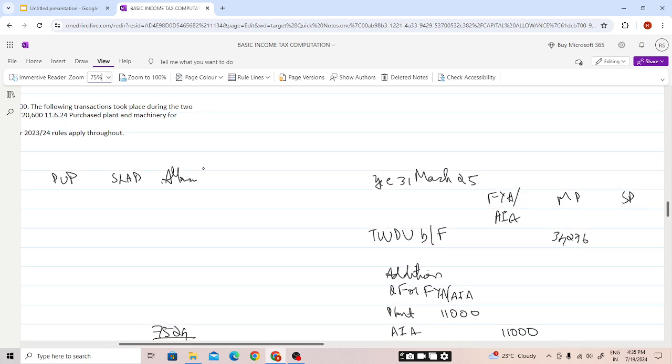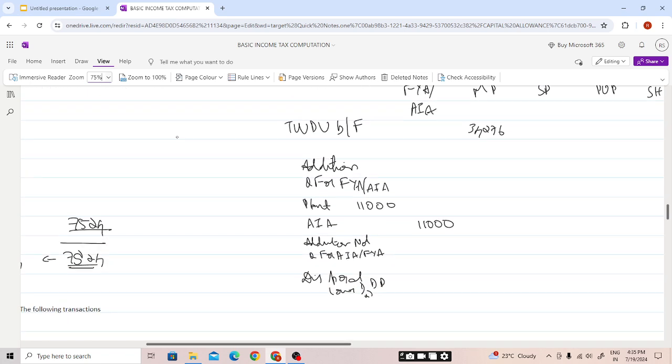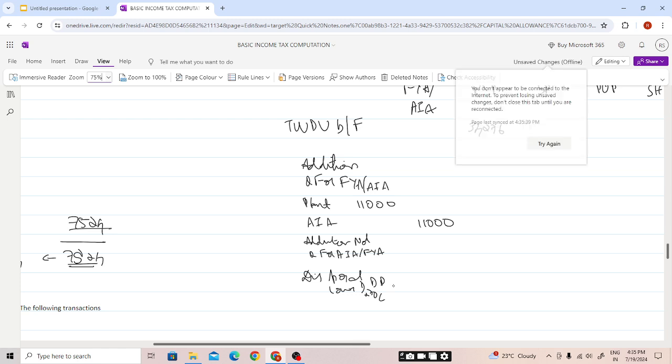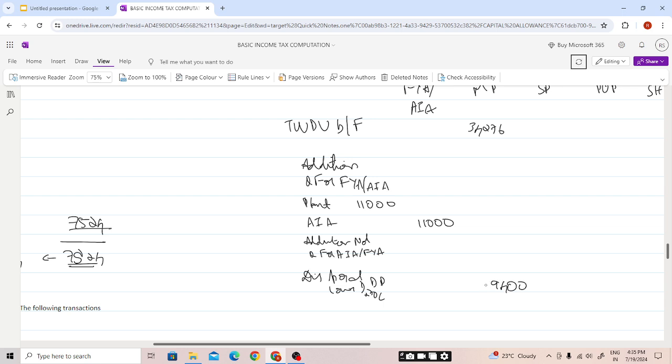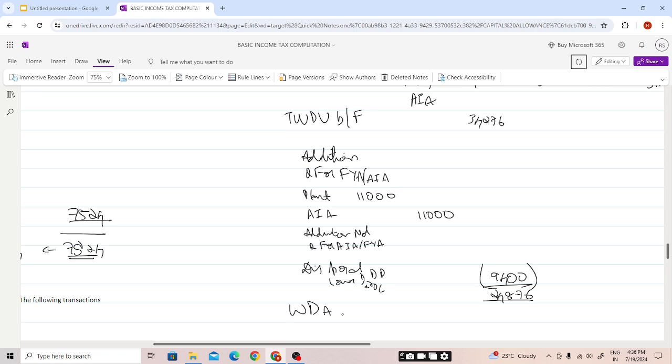So the disposal proceeds is only lower, 9,400 students. So this will give rise to the balance of 24,876 and we'll calculate the WDA at 18% because we are not ceasing the trade.